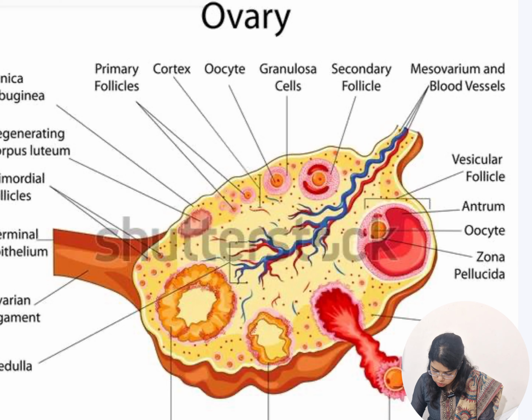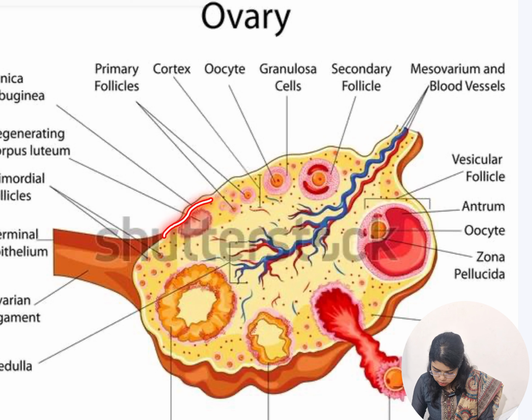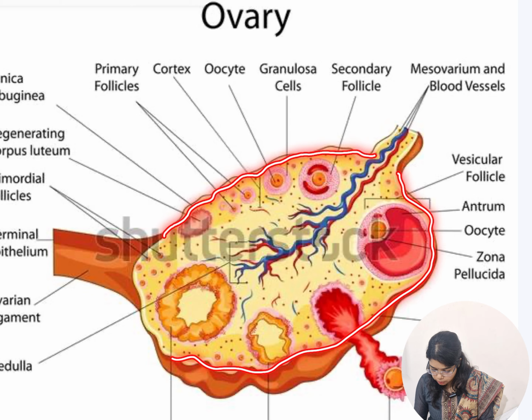It consists of stromal cells that condense and form the outer layer of the ovary, and this condensed outer layer is called the tunica albuginea, the outer covering of the ovary.